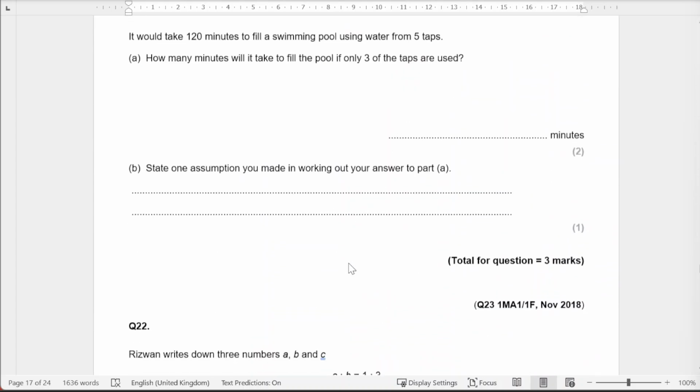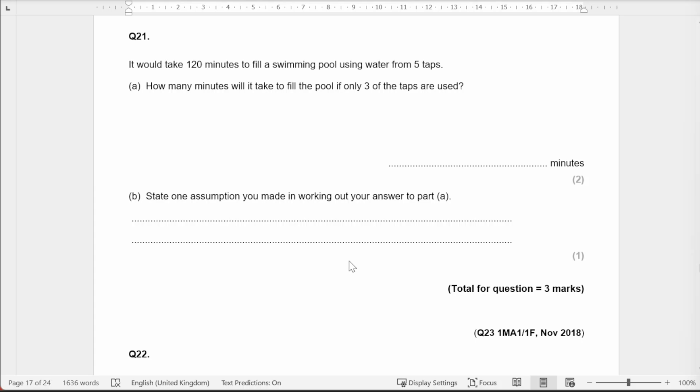Okay, question 21. It would take 120 minutes to fill a swimming pool with 5 taps. How many minutes would it take to fill a pool if only 3 taps were used? This is an example of inverse proportion, but a fairly straightforward one. So in effect, 120 times by 5 has to be equal to x times by 3.